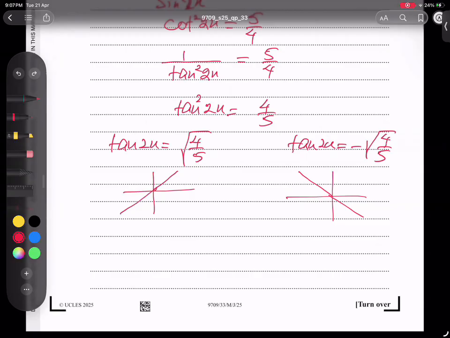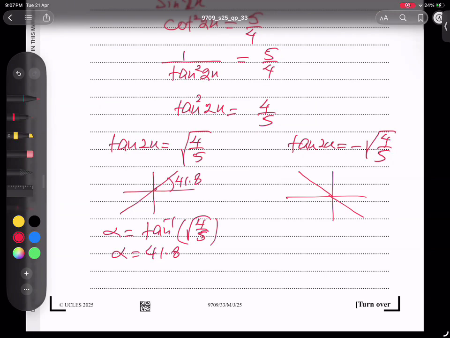So 2x, if I take tan inverse, and he said degree mode. Okay, we have to keep our calculator in degree mode. It is very important. Tan inverse, I have taken this as alpha, and tan inverse root 4 over 5 all together. So when I type it, we got alpha 41.8.